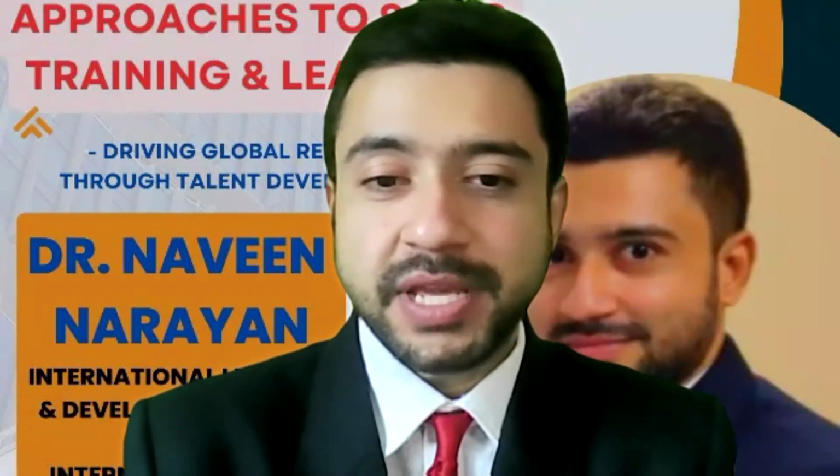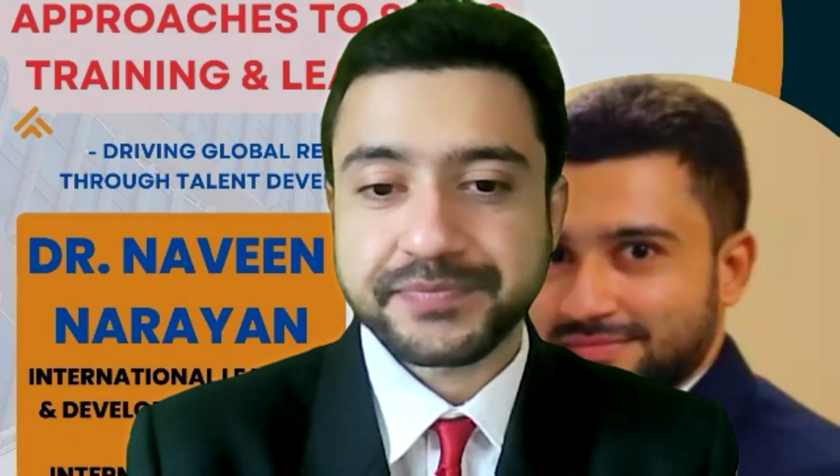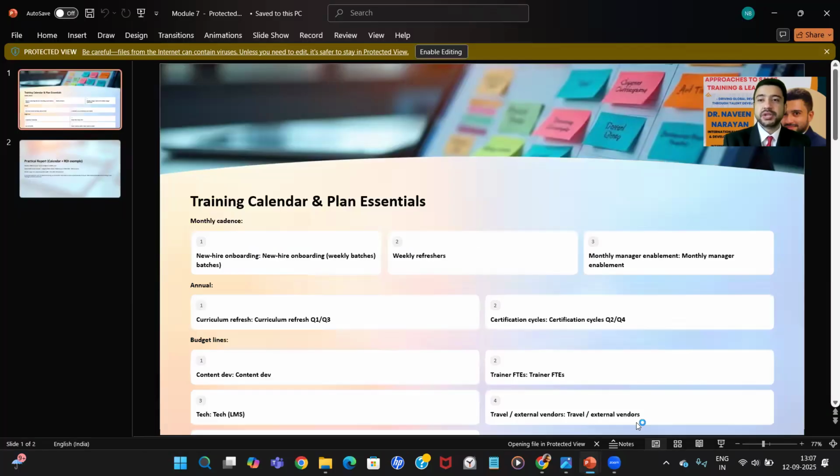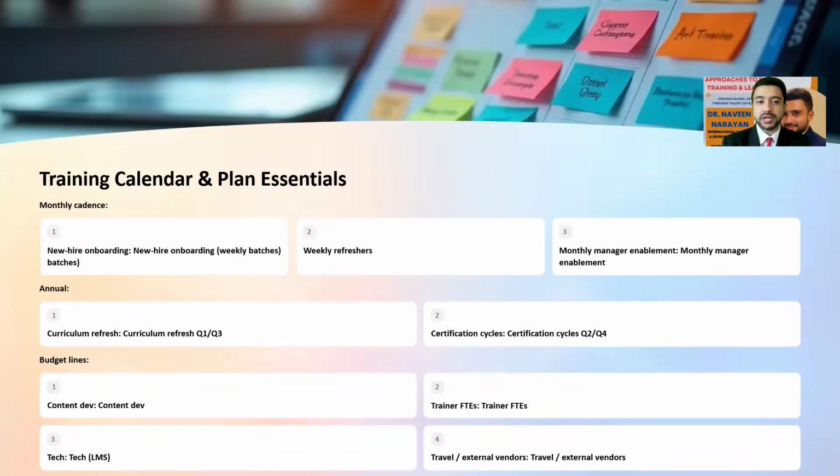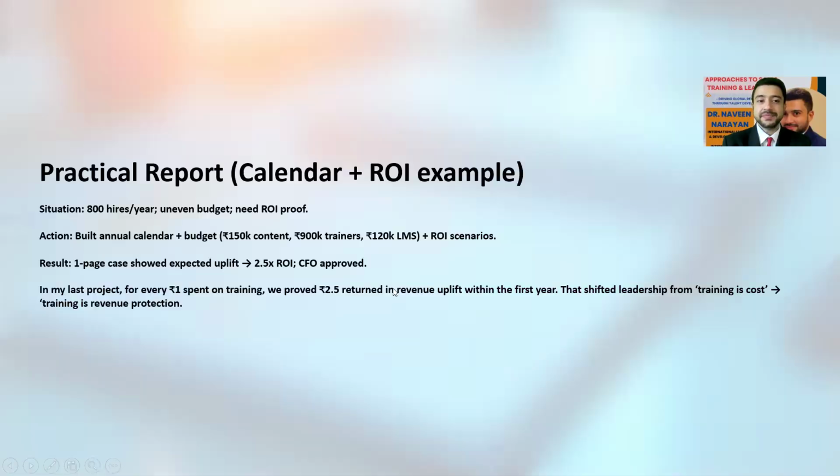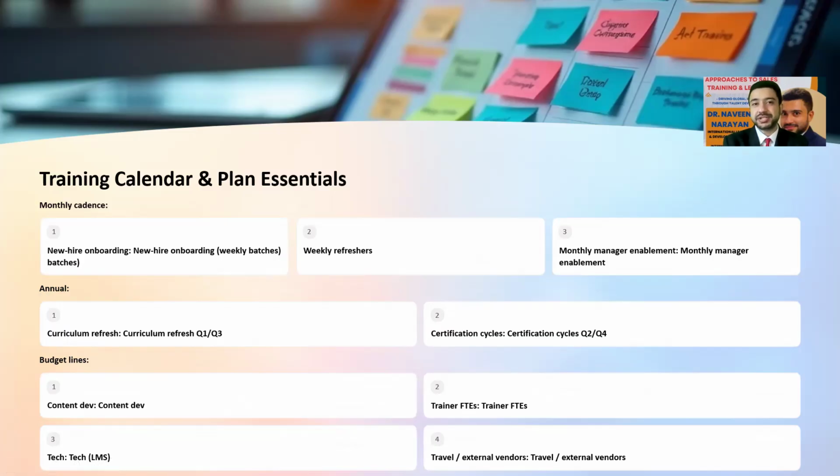So now let me share my screen again. Yes, you can see here, this is what it's all about: training calendar and plan essentials.